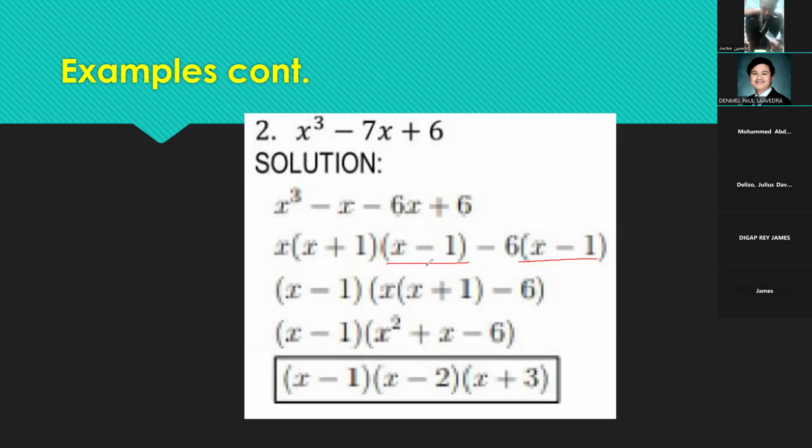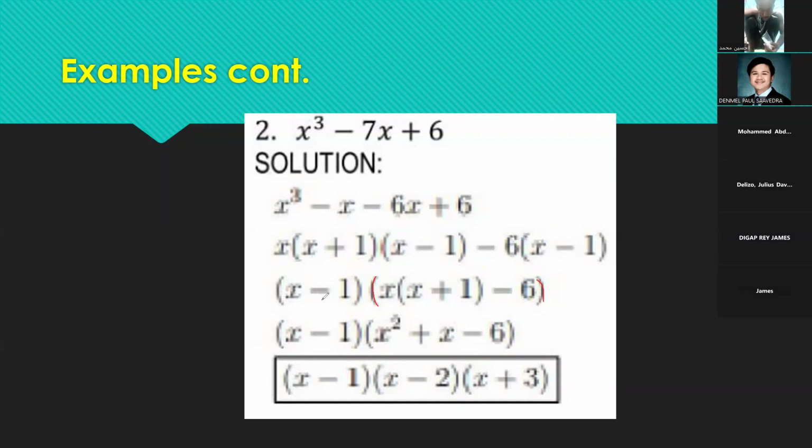So we can factor out x minus 1, which is now this one. So just place a parenthesis. And then the remaining term is x times x plus 1, which is now this one. And then the remaining term for this one is negative 6, since we factored out x minus 1 here.